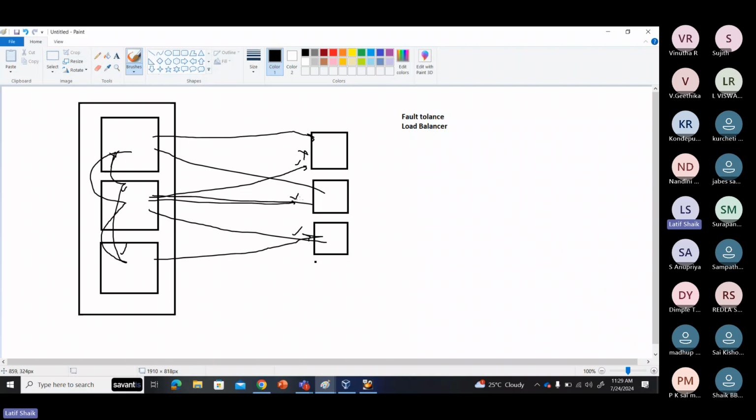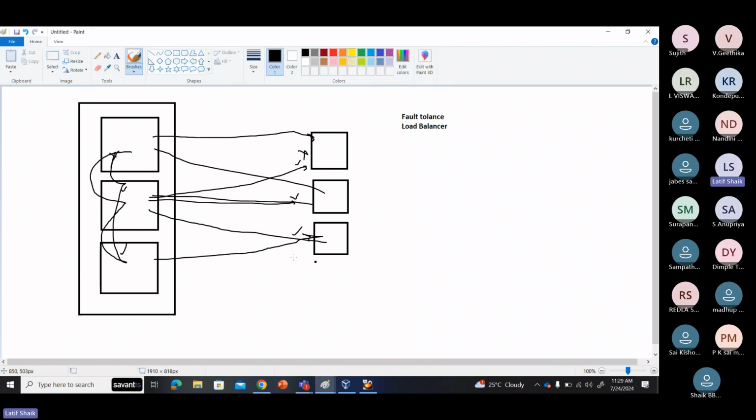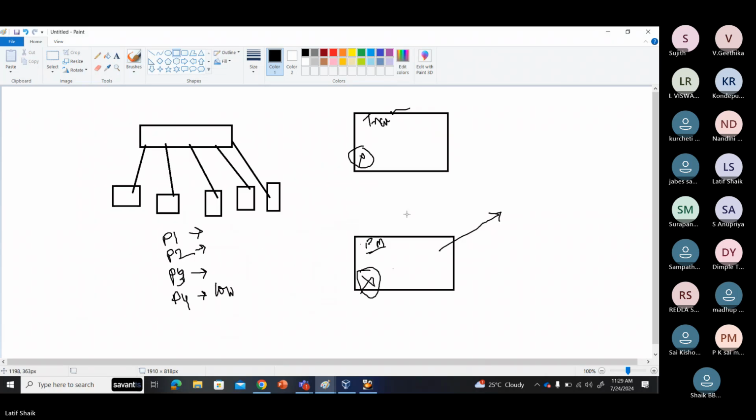Even if 10 counters are open, Big Basket, Big Bazaar, twice a year on January 26th and August 15th, have a 50% discount, buy one get one free. That time there is a huge crowd. So that is load balancing.